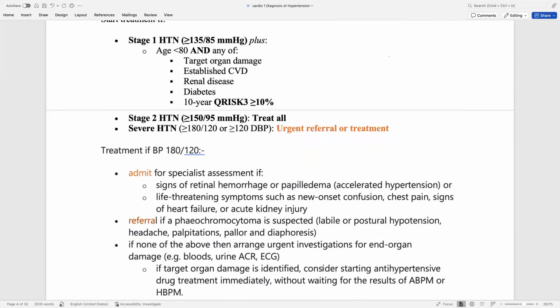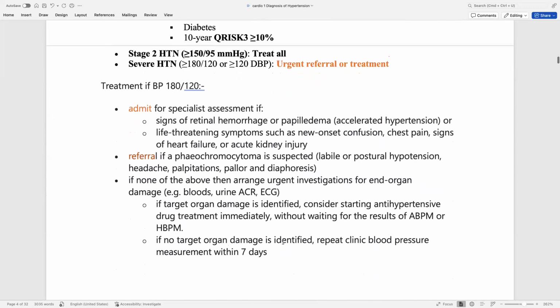Right. If the patient has a blood pressure of 180 over 120, either admission or referral. Admission if there is papilledema or the patient is unstable.